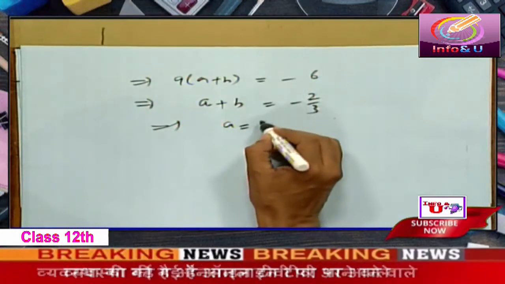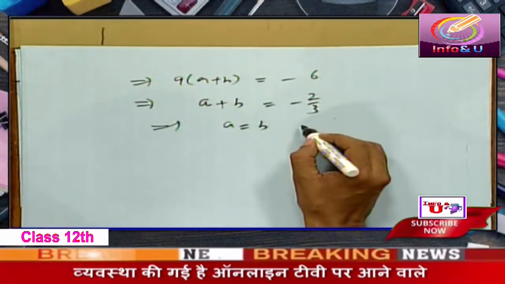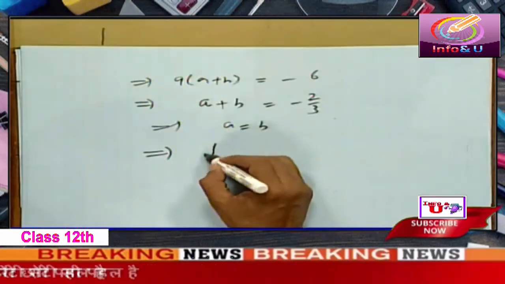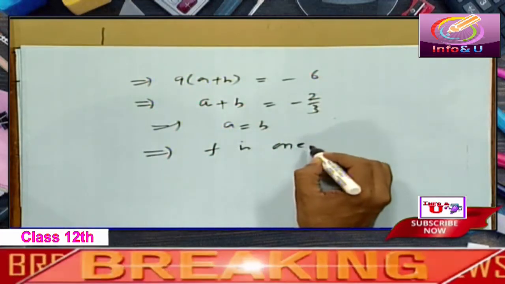So this implies that a must be equal to b. So by assuming f(a) is equal to f(b), eventually we are compelled to accept a is equal to b. So this proves that f is one-one.